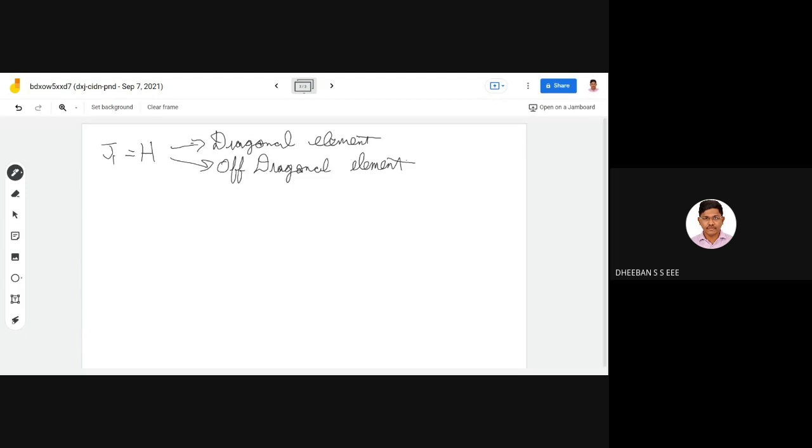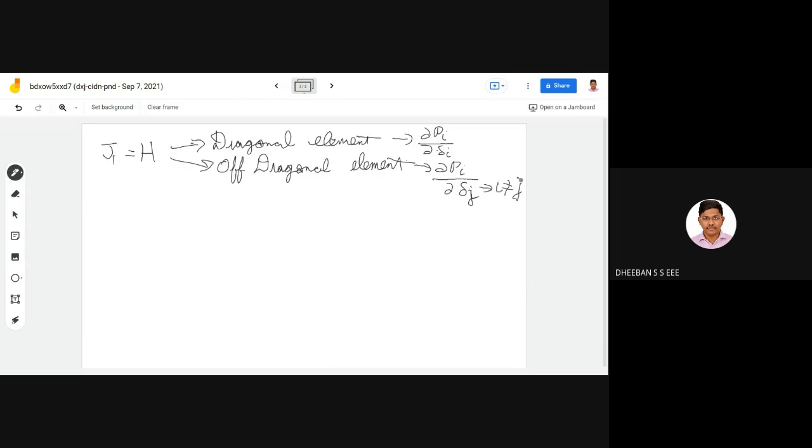The diagonal element is dou P i by dou delta i, if you take it from the Newton Raphson methodology. The off-diagonal element is dou P i by dou delta j, where it will be j, and the condition is i not equal to j.